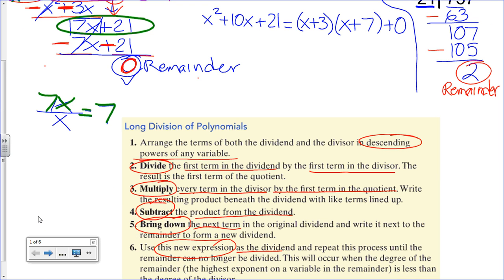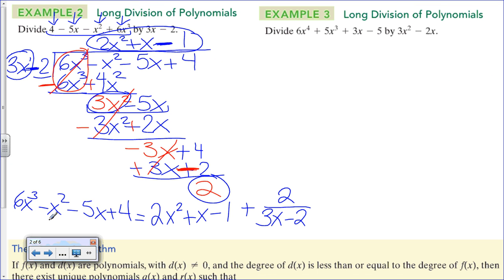Alright, so let's go back to the second slide, second problem. Okay, now this one is going to be just a little more challenging. So first we check that the dividend is written in descending order, meaning the highest power first. So we have 6x to the 4th plus 5x cubed.